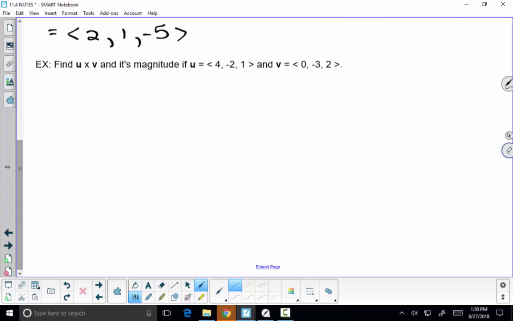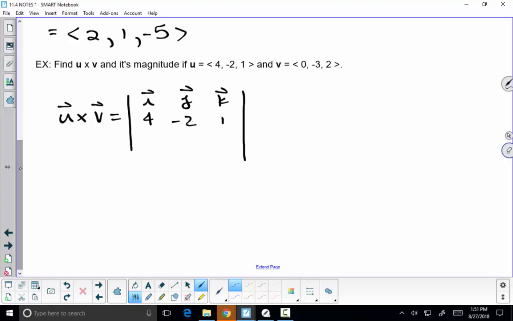All right, so here's how you're going to get really comfortable doing it like this. If you write down this step, you will get to the point where you just do it all at once. To get the x component, cross out first row, first column, you do -4 minus -3.